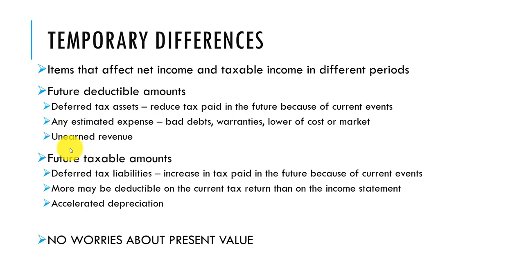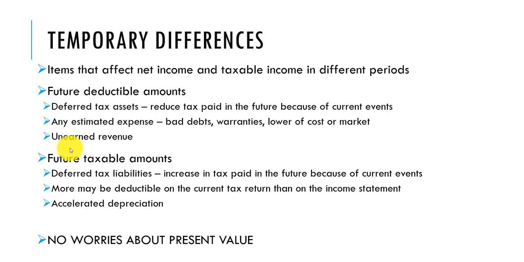So we record it on the income statement, but we can't put it on the tax return until it actually happens. For instance, on warranties, you estimate your warranty in 2018 and put it on the income statement, but you do not record that as an expense on the tax return, a future deductible amount, until you actually fix the item, which may be 2019, 2020, sometime in the future.